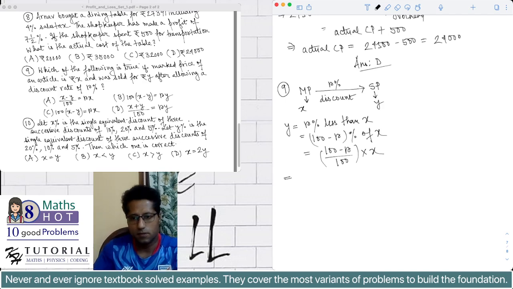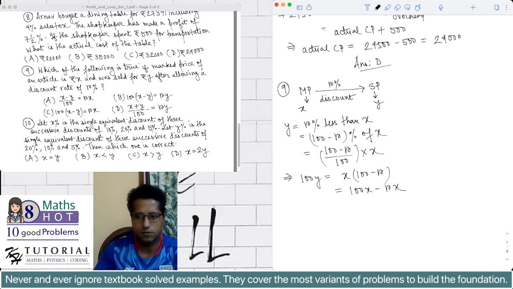So if we do cross multiplication, we have 100Y equal to X into 100 minus R, which is equal to 100X minus RX.